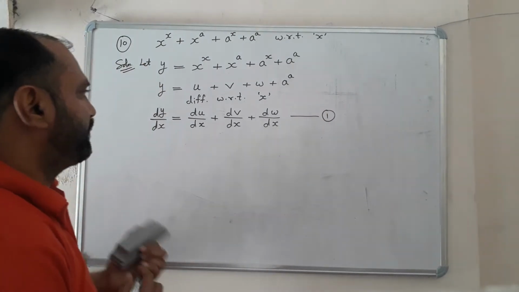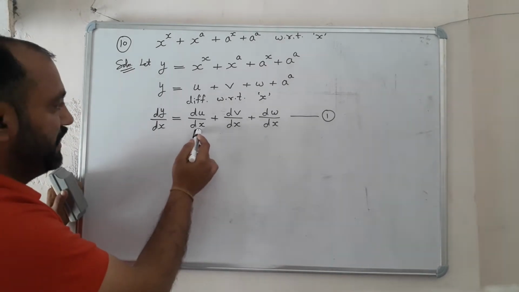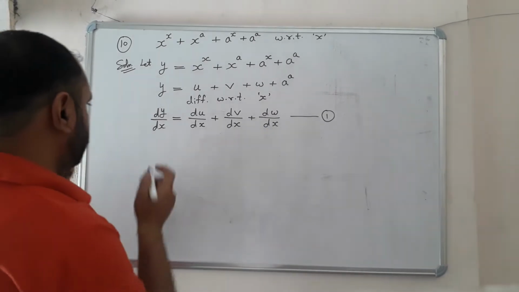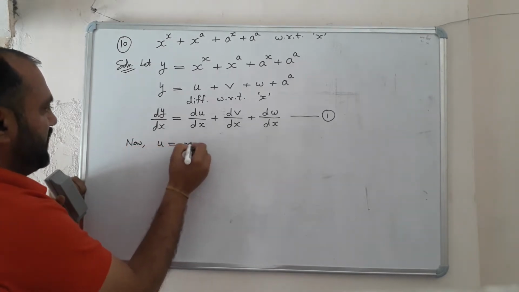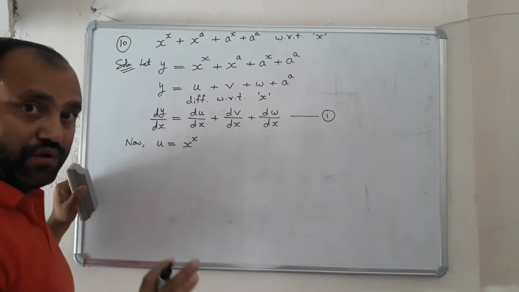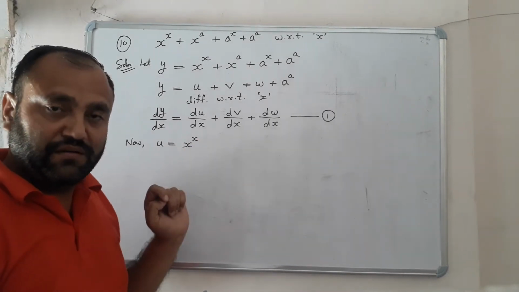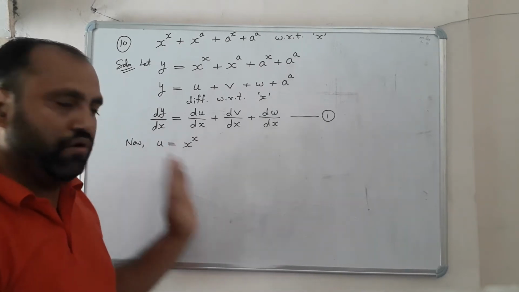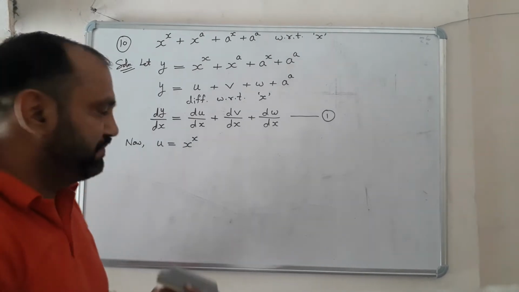So now we are doing the differentiation. We have to find du by dx, dv by dx and dw by dx separately. Now let us take u is equal to x raised to the power x, right? As you know this topic, variable power variable, you have to take log on both sides. You know it, you have done it previously.